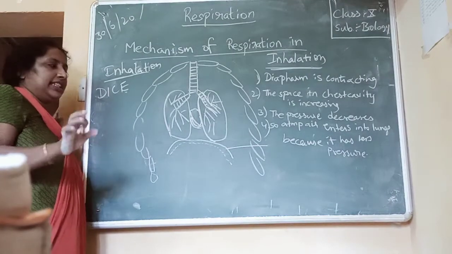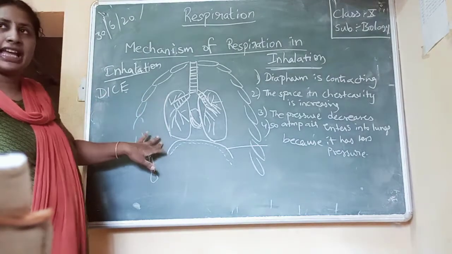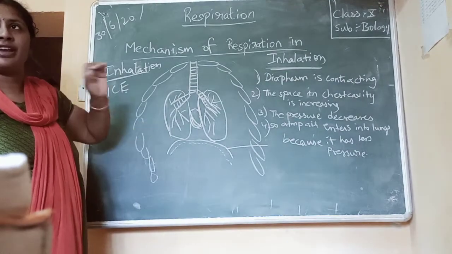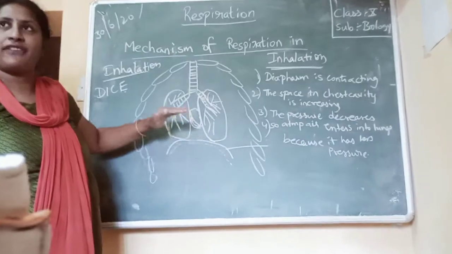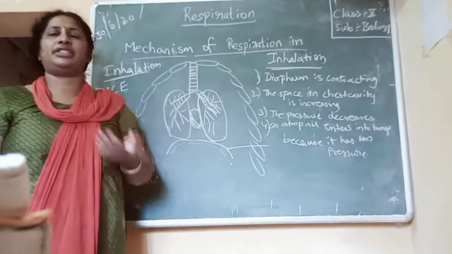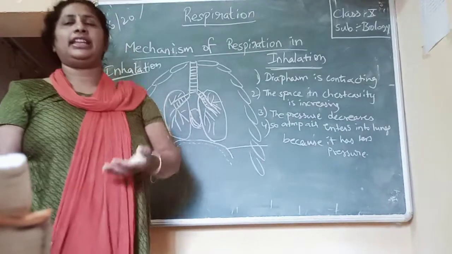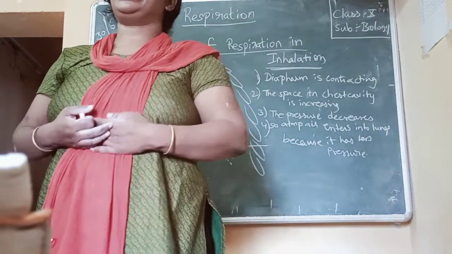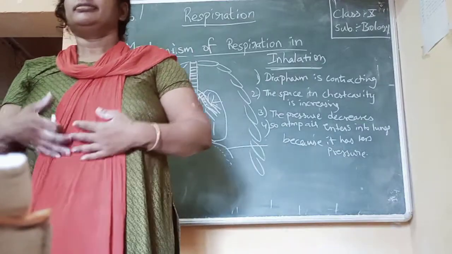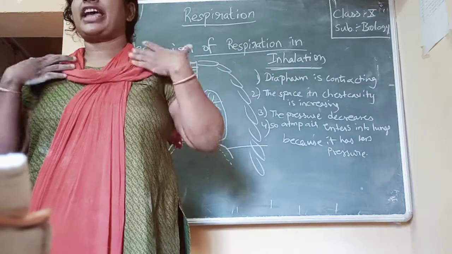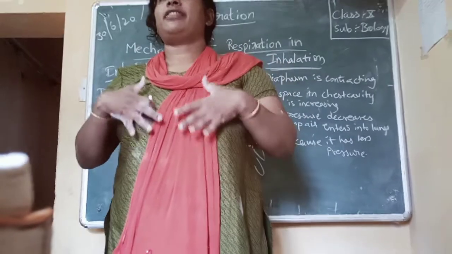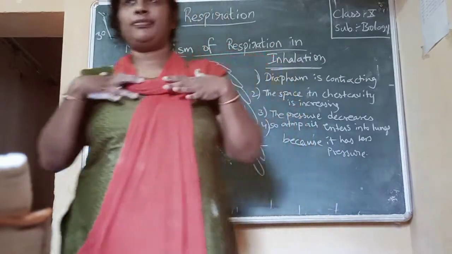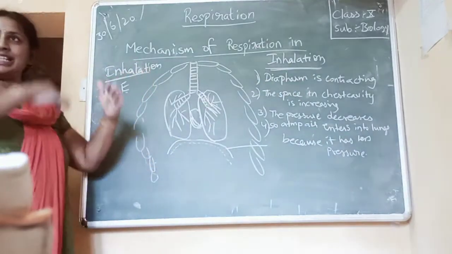Very easy. When the diaphragm contracts, it just comes down. Diaphragm contracts during inhalation. When you are taking air, your chest cavity expands. If you do like this, your chest cavity is expanding, which means the space is increasing.